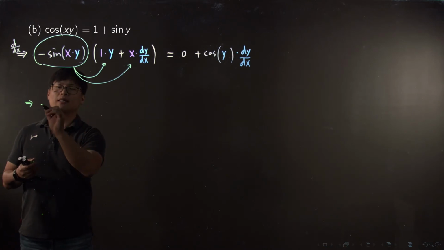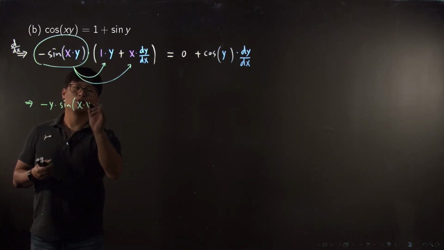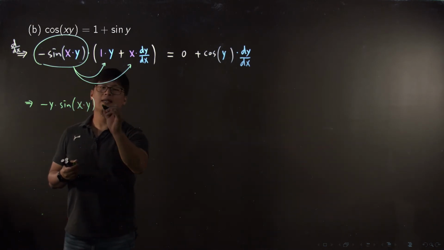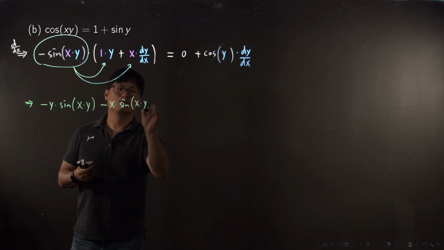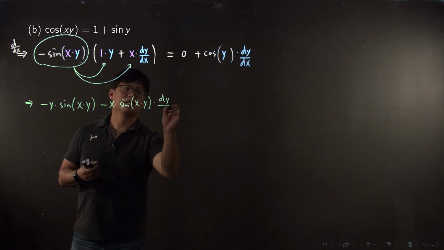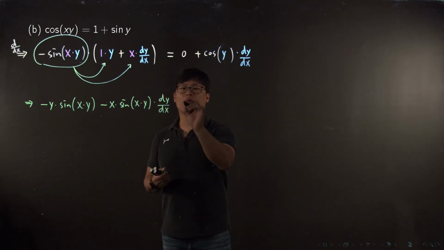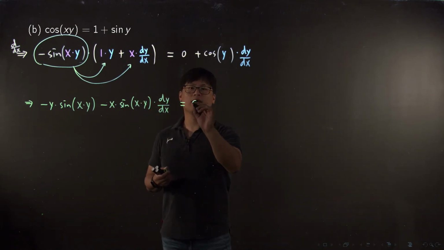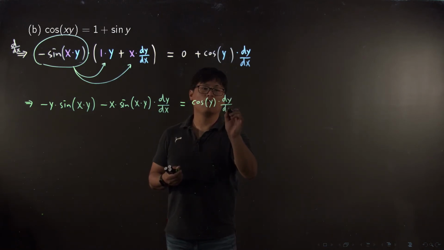It will be minus y times sine of xy, and then minus x sine of xy times dy dx. This is what I got from the left-hand side. And the right-hand side, let me rewrite this: cosine of y times dy over dx.